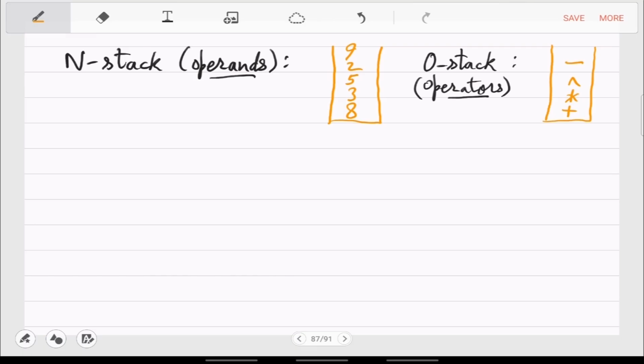You will calculate 5 wedge 2, pop out 2 and 5, and push what? 5 square, which is 25. Similarly, pop out minus and wedge from the O stack. These two stacks will change as described in the previous process. But keeping these two will give a cleaner pseudocode, which you should write. So write this pseudocode.